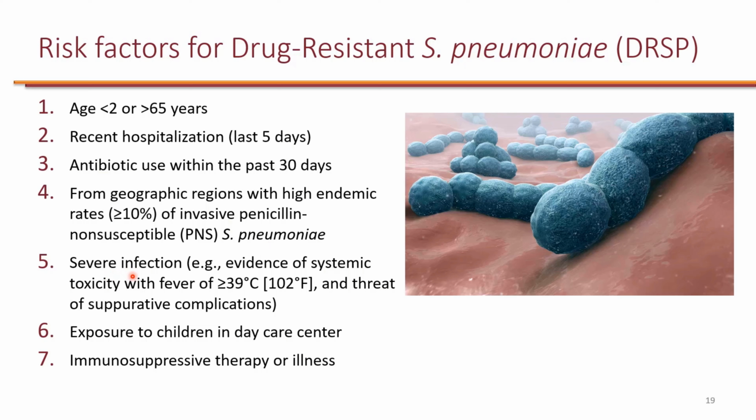People with severe infections, and the way you decide if an infection is severe is if someone has a high fever of 39 degrees centigrade or higher, or if there is a threat of suppurative complications, and exposure to children in daycare center, and of course immunosuppressed patients. So these patients will be at risk of drug-resistant strep pneumo, so we should keep that in mind when we choose treatment for acute bacterial rhinosinusitis for these patients.